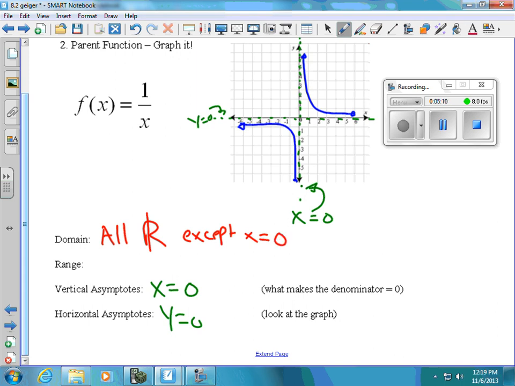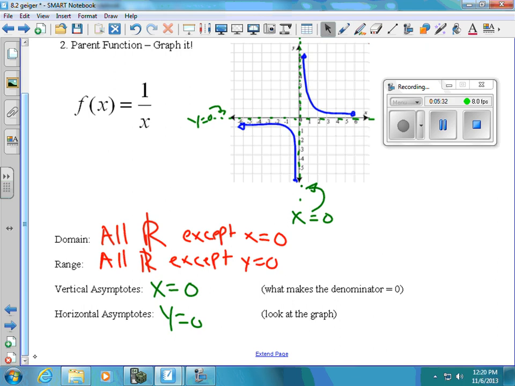And our range, well, what's the only value you don't get an output for? All outputs are above the x-axis and below the x-axis. I just don't get any y values on the x-axis. So our range is all real numbers except y equals 0.